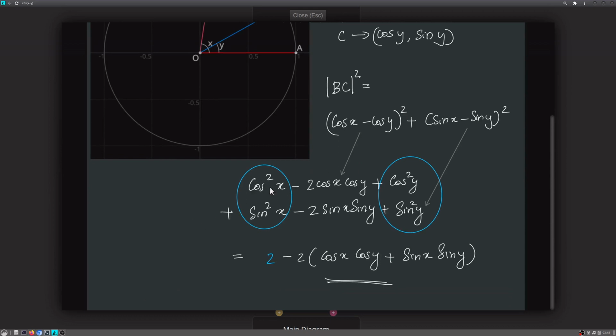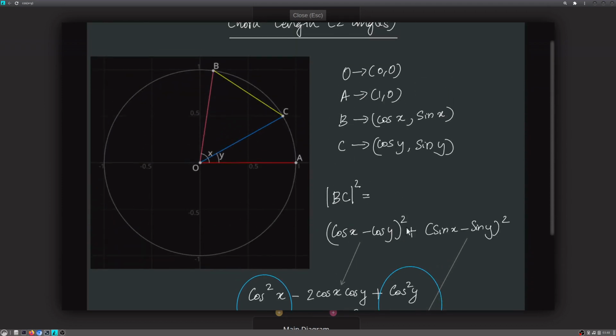And if you expand it, you get this term from this one, and this term from this one here. And the cos square x and sin square x will add up to 1, and cos square y and sin square y will add to 1. Then 1 plus 1 will give 2. That's the 2 sitting here. And these two don't add up to anything, so minus 2 cos x cos y plus sin x sin y. That's the term here.